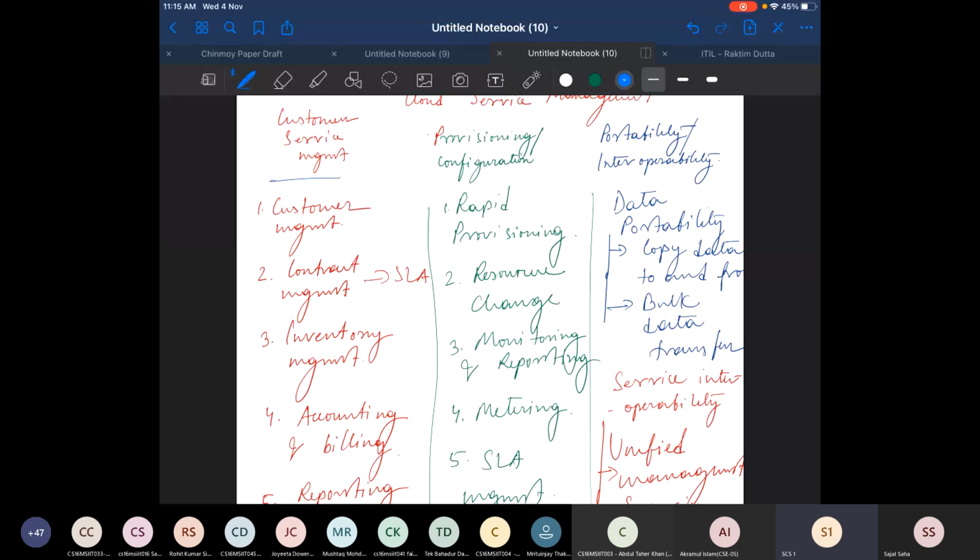So the APIs, your code and libraries, everything is combined together in a single package, so that if you want to transfer those services from one machine to another machine, it can be done easily. Got my point? This is a part of your service interoperability.